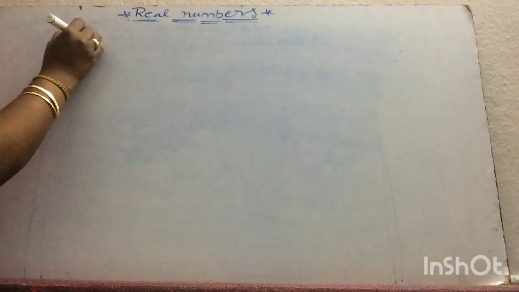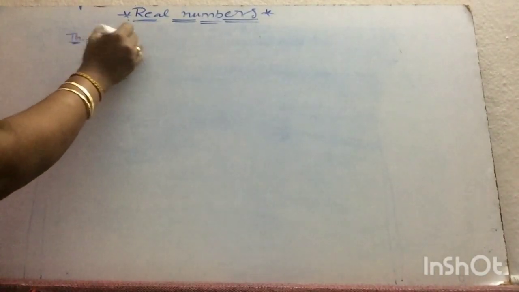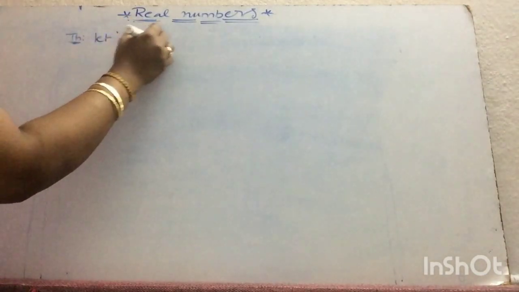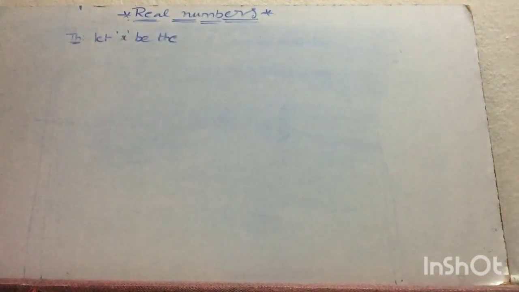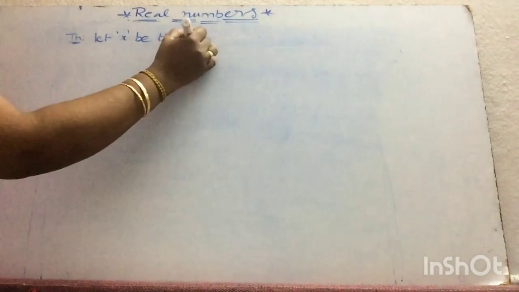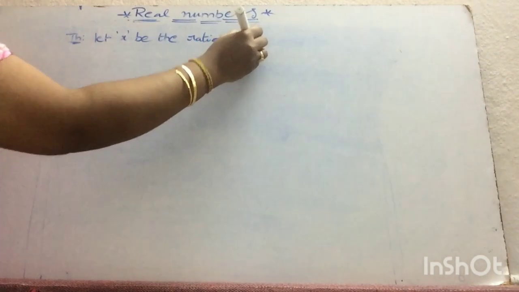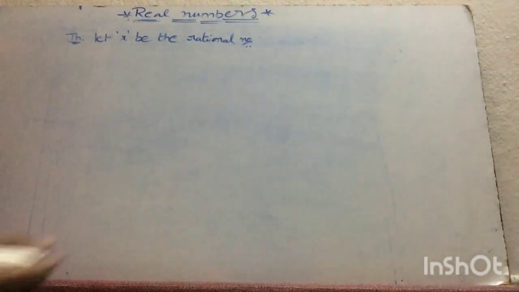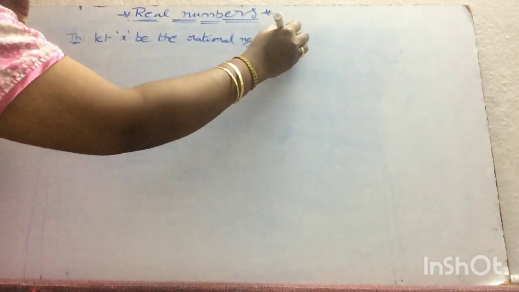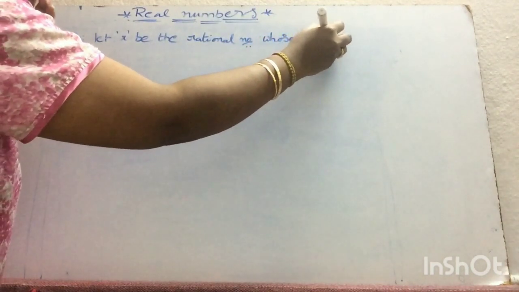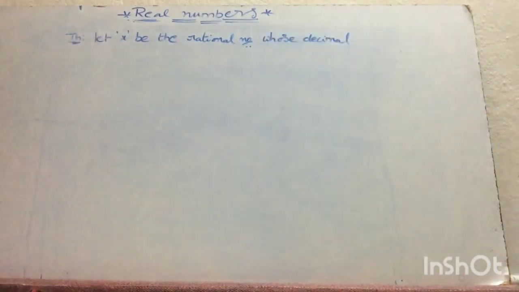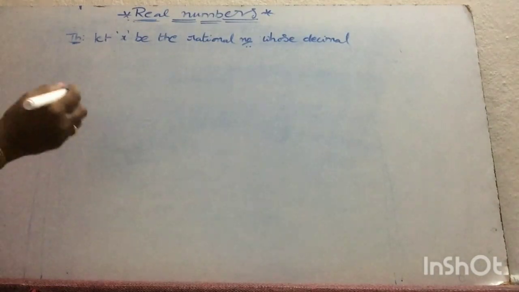Now I will tell you one theorem. Let x be a rational number whose decimal expansion terminates.